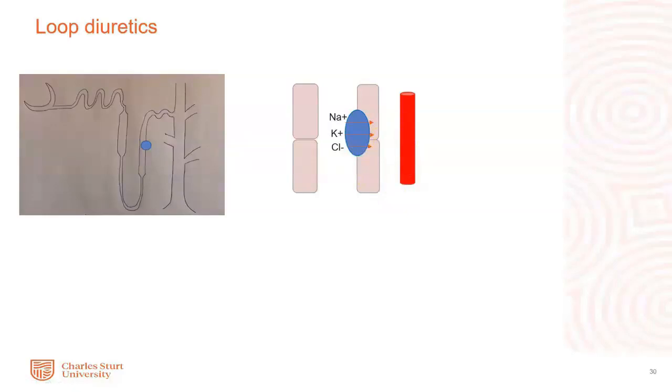Okay, so then you're going to give somebody a loop diuretic, and that loop diuretic is going to inhibit the chloride part of that transporter. By inhibiting the chloride part of that transporter, it also inhibits the reabsorption of sodium and chloride from the filtrate back into the blood.